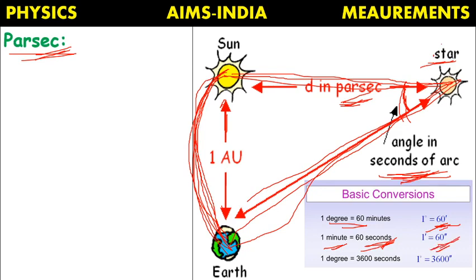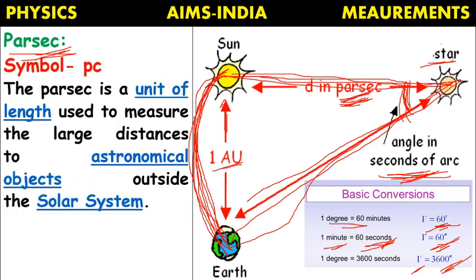So in 1 degree, we have 3600 seconds. So this arc is one part of those 3600 parts. If an arc of length 1 astronomical unit at a distant star subtends an angle of 1 arc second, then the distance between the Sun and the star is called a parsec.